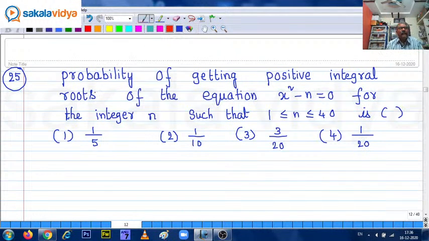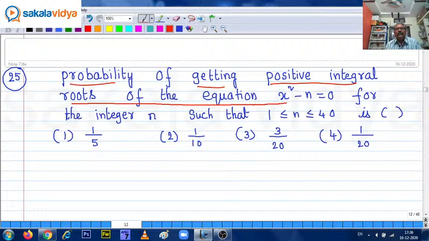See, the probability of getting positive integral roots of the equation x square minus n equals 0, for the integer n. The n lies between integers 1 to 40. So now write down here.